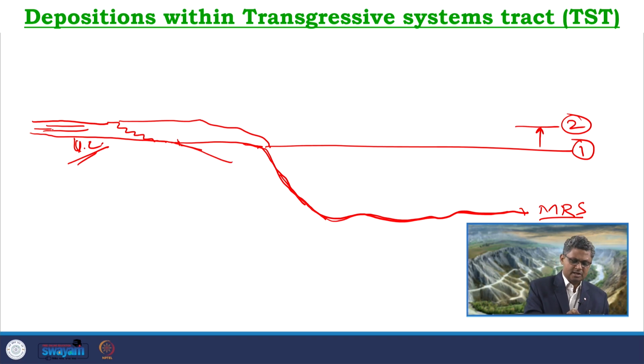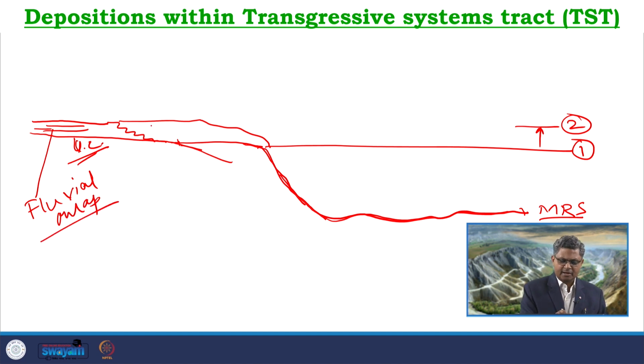This part is the fluvial deposits, commonly associated with fluvial onlap. This area is the estuary.